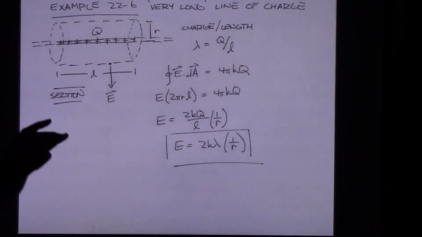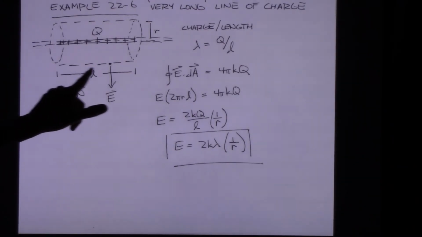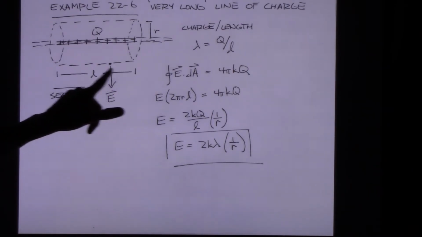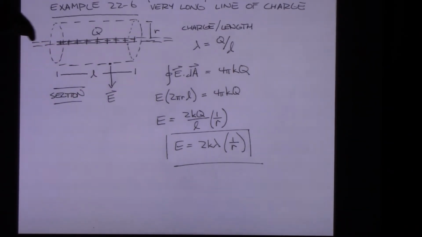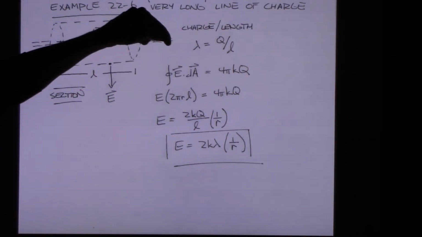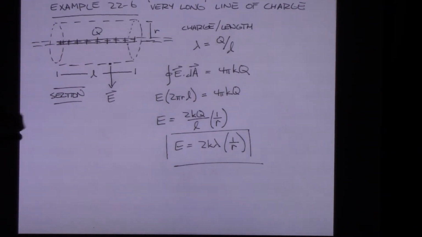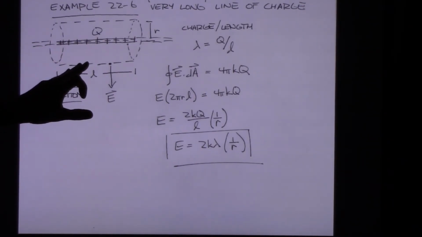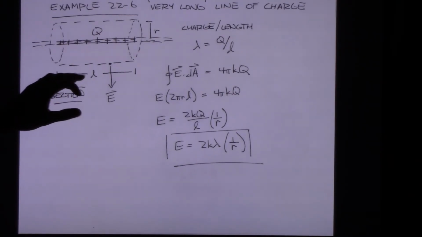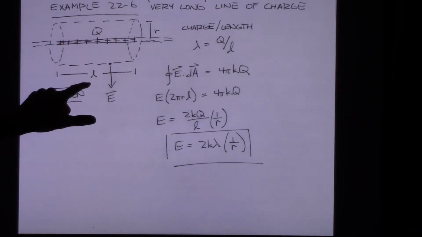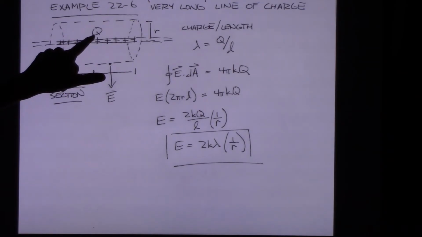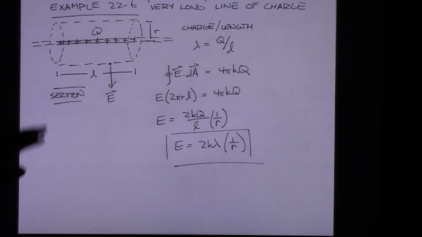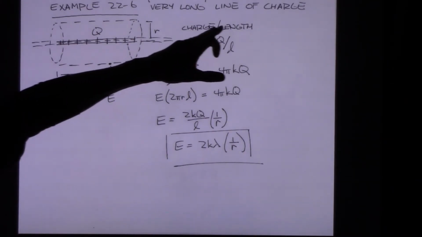So same picture. What we're going to say is that there's a certain length here. Now the line of charge extends outside of this cylindrical region, but in order to carry out the Gauss's law calculation, I'm going to say along a length L, there is a charge of Q contained just along that length. That gives us what's considered a charge per length.